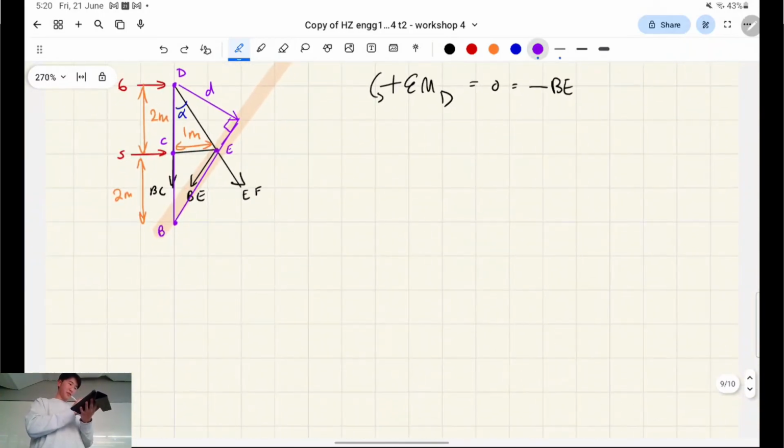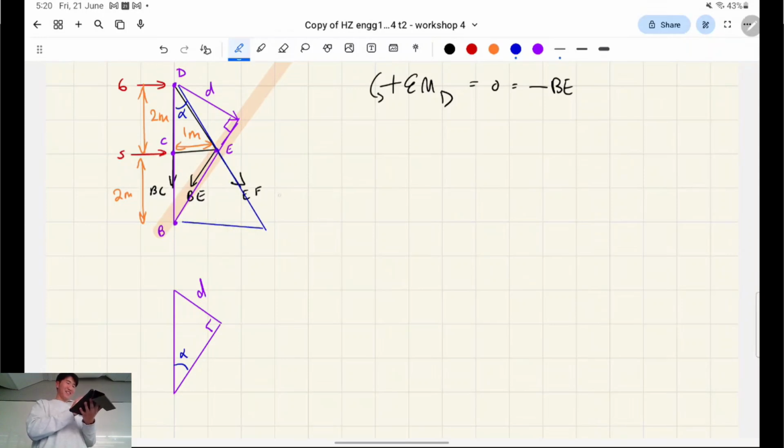So if we draw out this triangle, and because of similar triangles, this angle is also going to be alpha, right? Hope you can see the relationship, but that's going to be alpha as well.